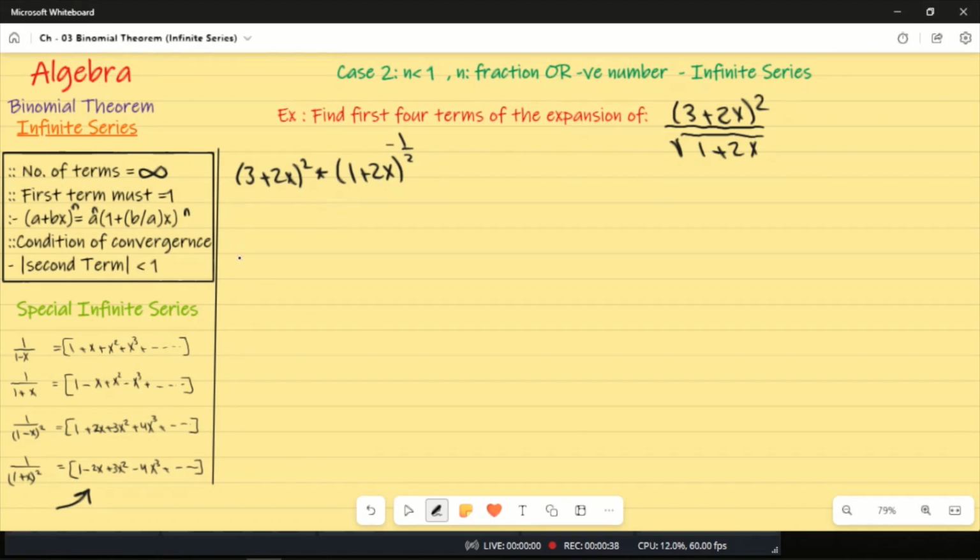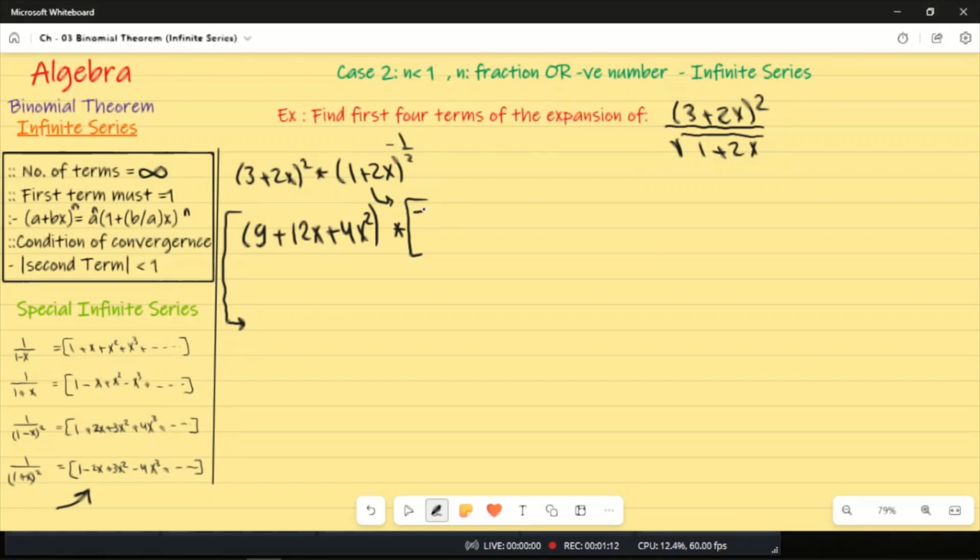We will deal with it this way. Here we can expand this bracket: 9 plus 12x plus 4x squared, into this, which is infinite, so we can expand it as follows.